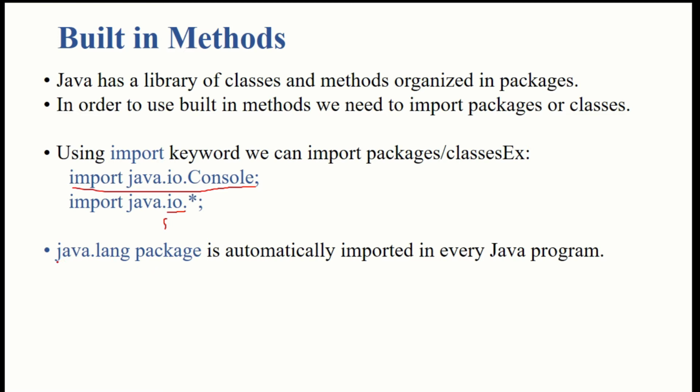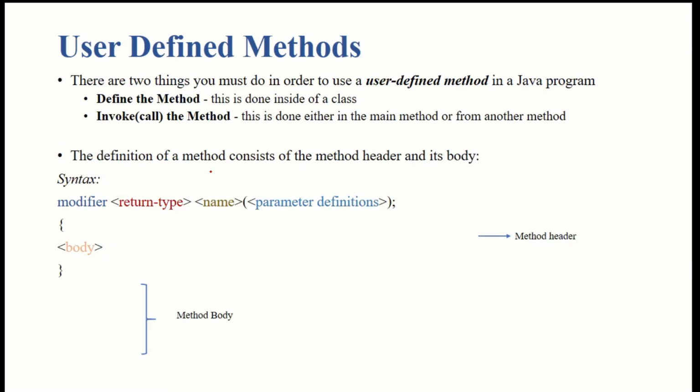Everything in the java.lang package is automatically included, so you don't have to import it. There are a lot of libraries and classes that you can use, because Java is just a collection of libraries that you can use whenever you need them in your program.